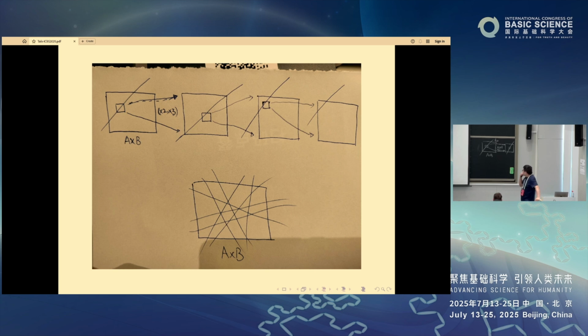And the idea of Fürstenberg is to consider this orbit of sets, or orbit of measures, as an orbit in some dynamical system, taking values in the space of probability measures.